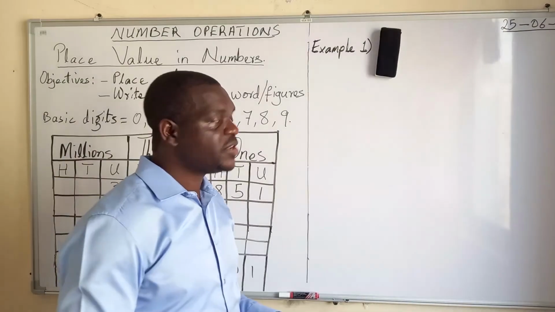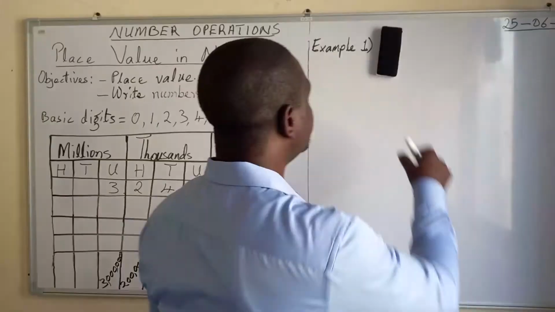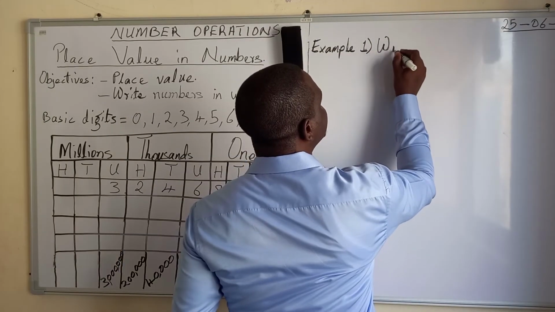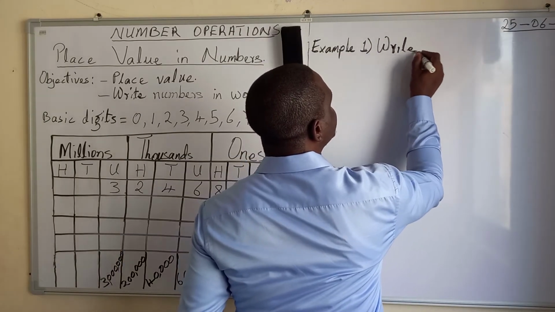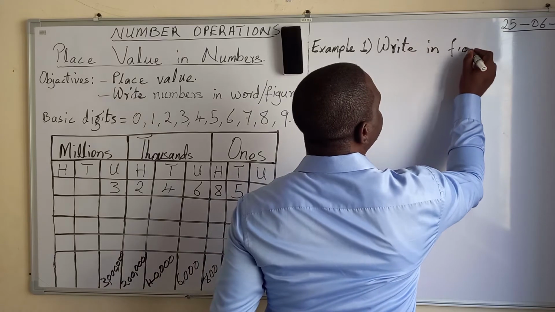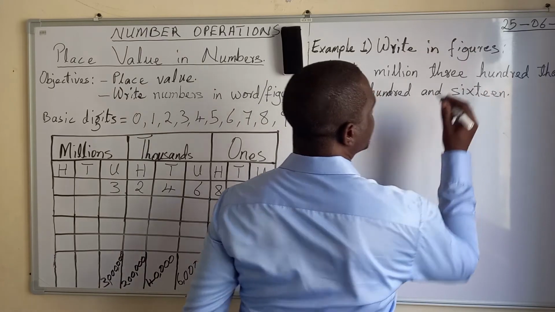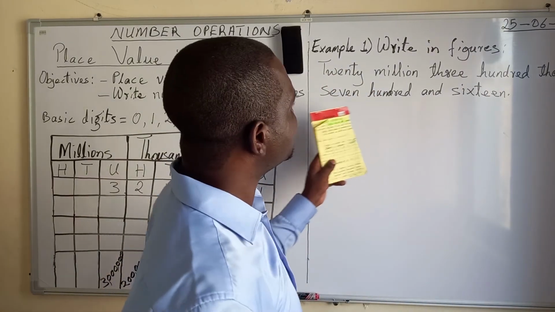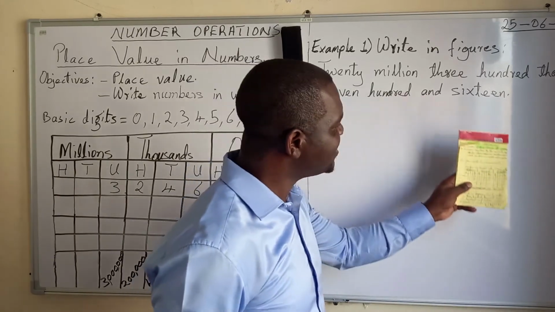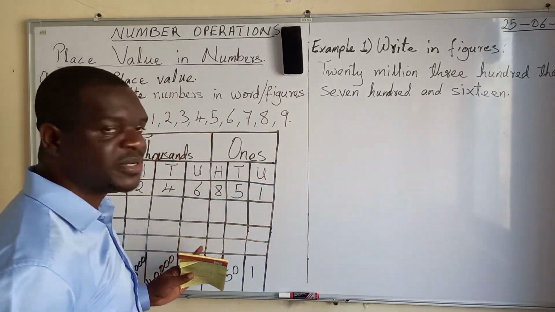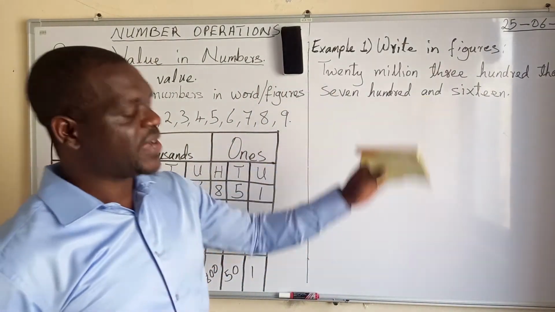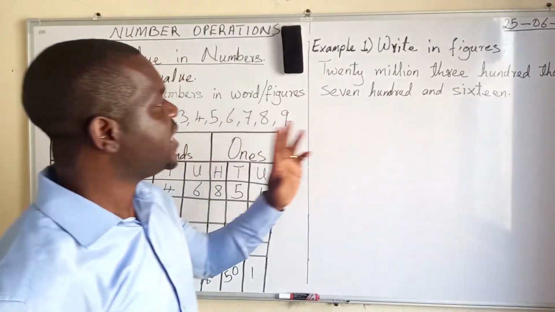With this, let us look at this example. Number 1, write in figures. Okay, let us read. If we are able to read this, then we're going to use our table to come out with this number in figures.